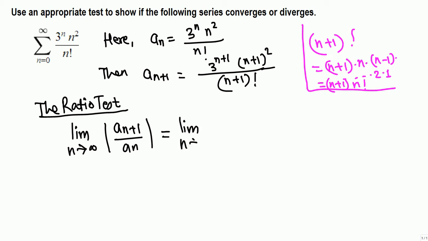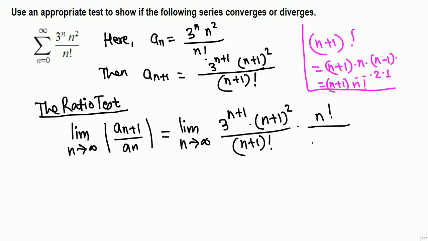The limit as n goes to infinity of a_(n+1), which is 3^(n+1) times (n plus 1) squared over (n plus 1) factorial, divided by a_n. Dividing by a_n is the same as multiplying by the reciprocal of a_n, which is n factorial on the top over 3^n n squared.